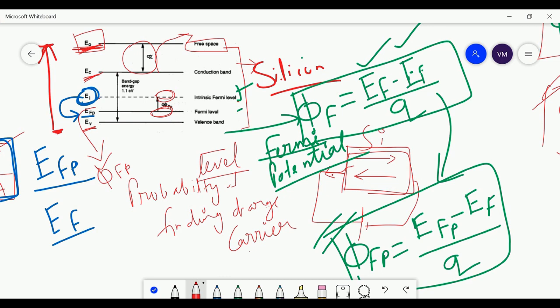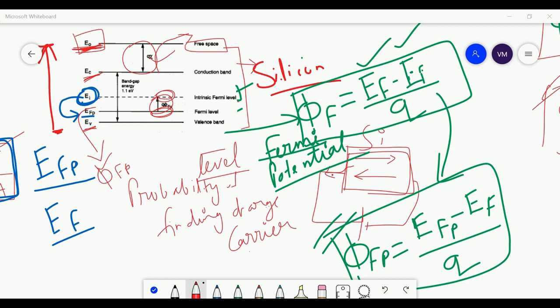One more thing which I believe we forgot to study in the last class. We forgot to study one important concept. You should remember the Fermi potential, you should remember the electron affinity, and you should also remember one more terminology, that is work function.